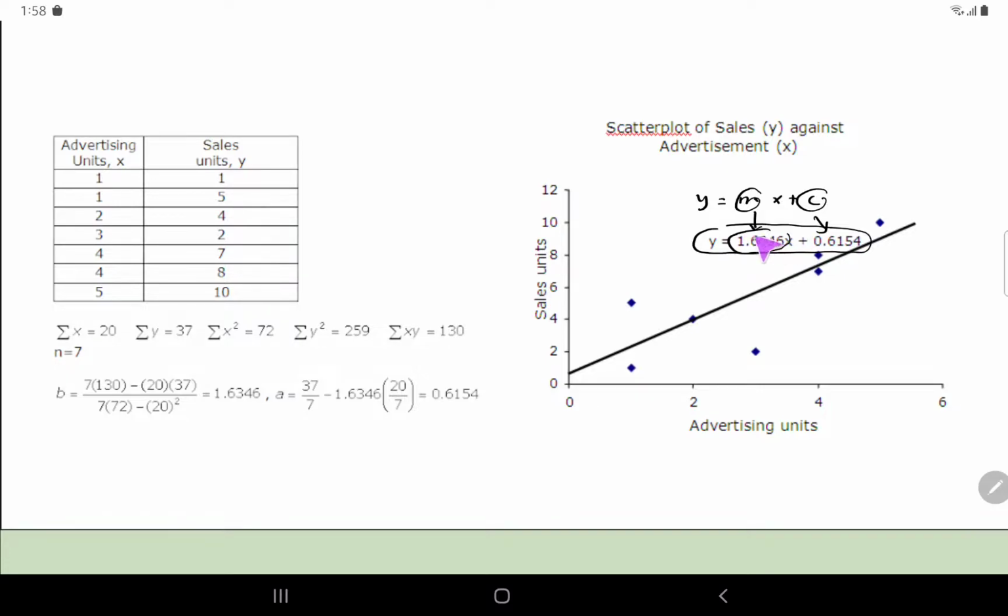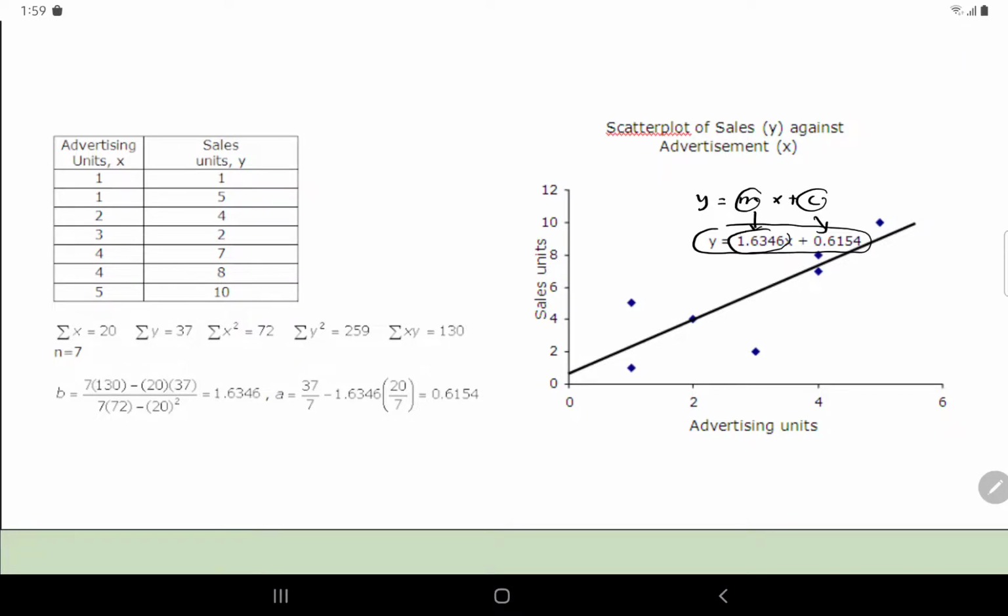So this is the equation for a straight line. The slope m is 1.6346, and our c, which is the y-intercept, is 0.6154.